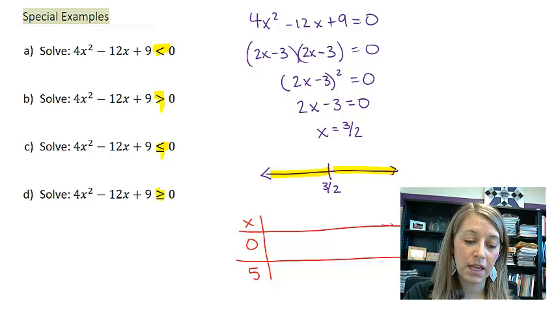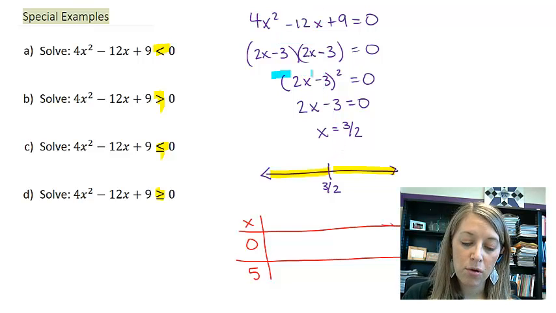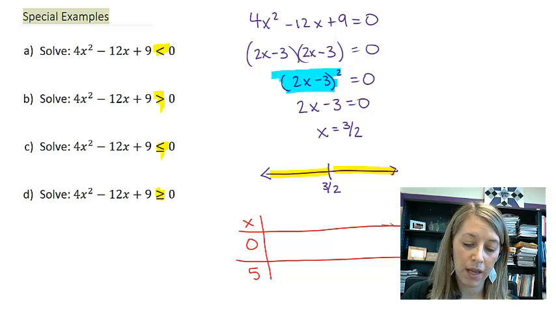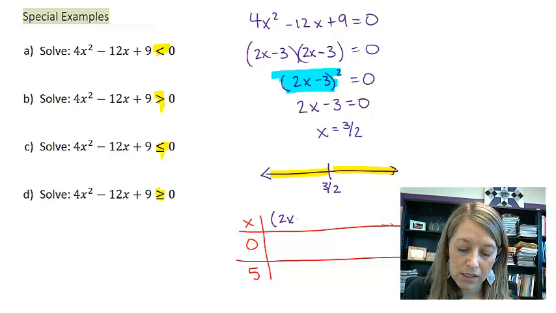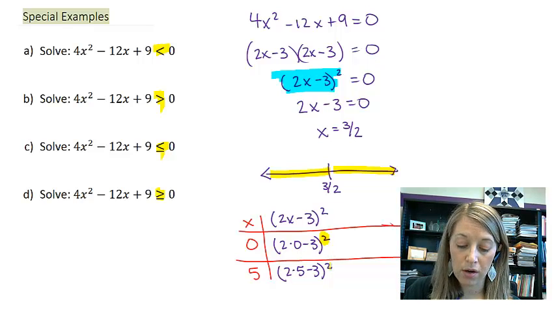We need to plug this into any one of these versions, but as I always suggest, the most factored version is going to be the easiest. So that's the one I'm going to plug it into: 2x minus 3 squared. Let's plug each of these numbers in. Now remember, I really don't even have to do any work here because each of these is squared.